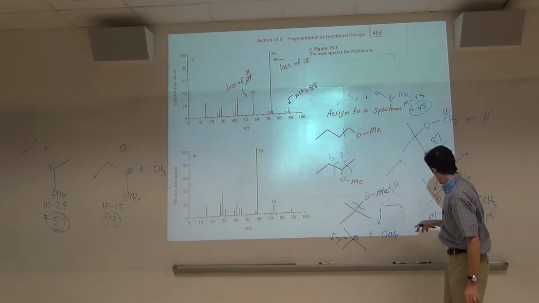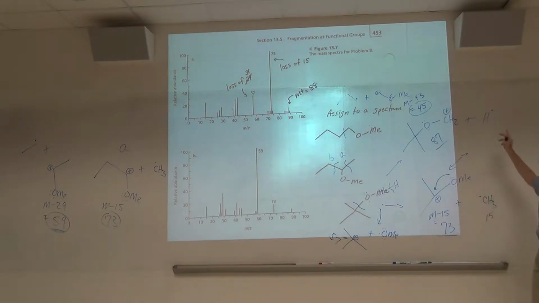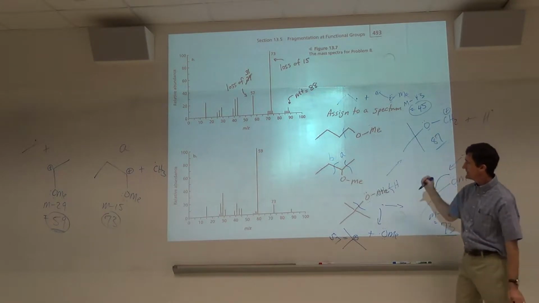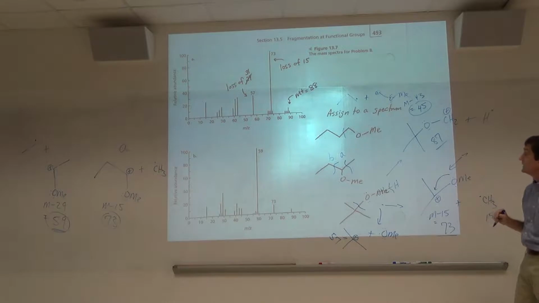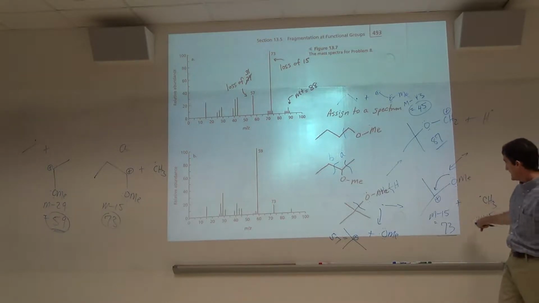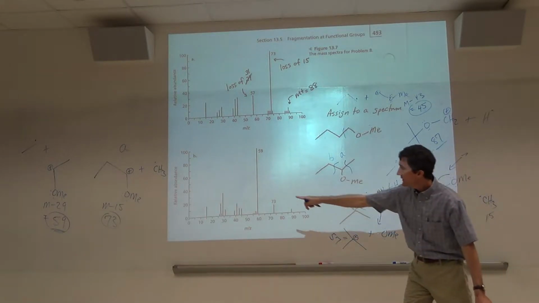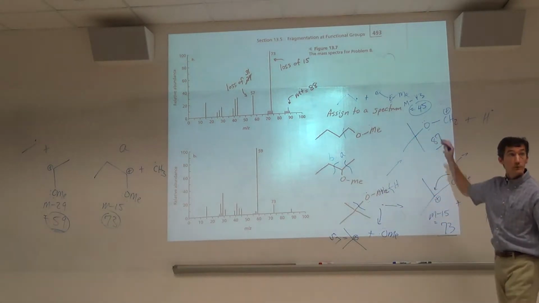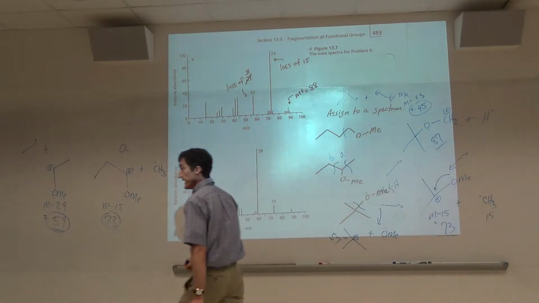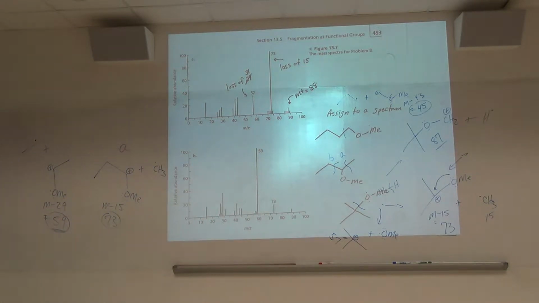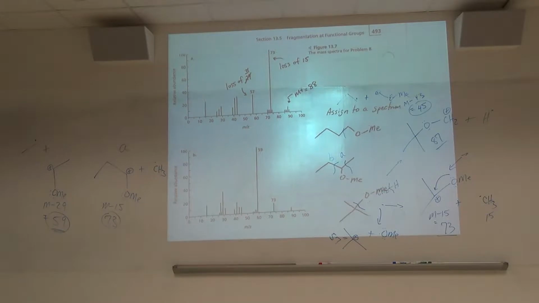These could lose an H like we did there. All these we get 87. It's really not going to help you, because they all get 87. Did we have a 45 down here? No. Over there? No. So that one we expect 45. Now let's look at the mass spec. Do you see one that has a 45? The last one does. And we don't expect that for any of the others.